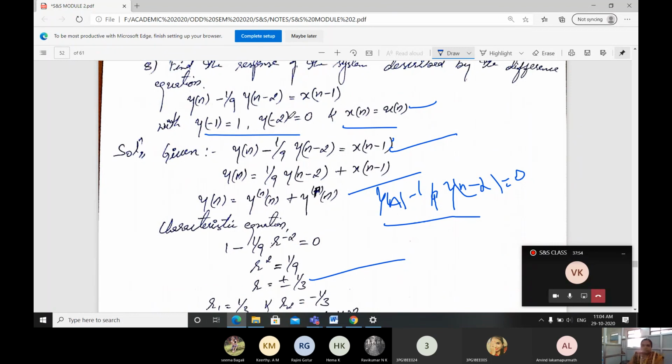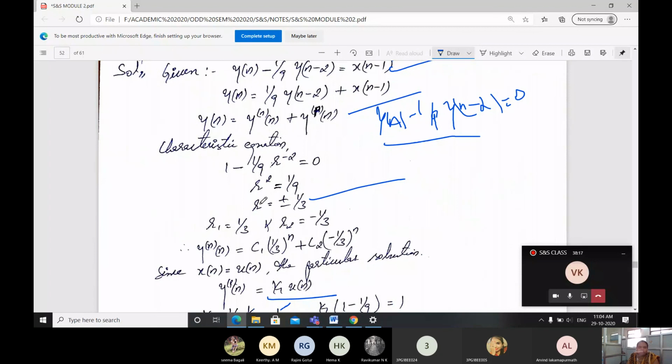What is the procedure we follow? First we write the equation given, then write the equation in terms of y(n), then the homogeneous equation, then the characteristic equation. What they asked, the complete response, means natural response plus a particular solution, and then find the roots.